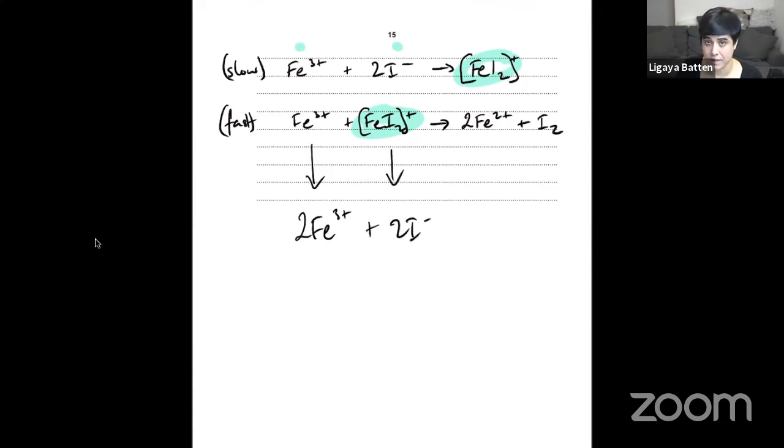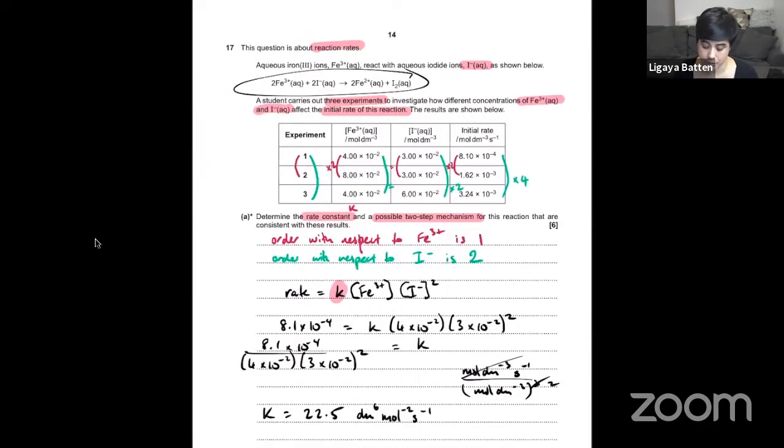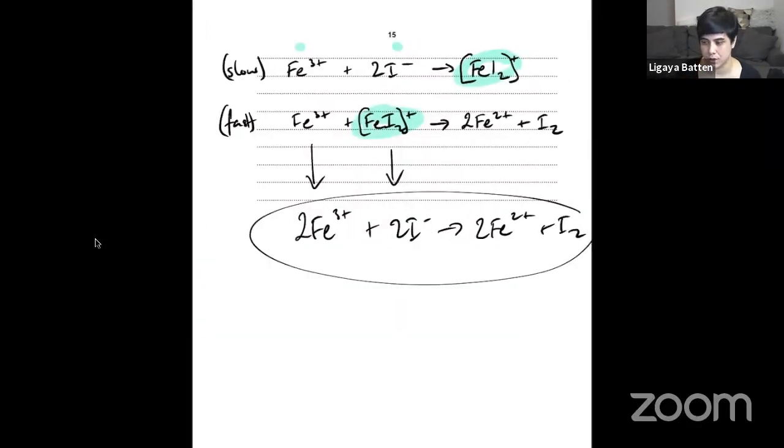We cancelled out the FeI2+, and then we get 2Fe2+ and I2. So adding the two mechanism steps together gives you the overall equation, and that's what's really important, beyond obviously the slow step, the rate determining step, being produced from the rate equation. So have a go at this one yourself, and feel free to use the mark scheme to double check exactly what marks are given for that.